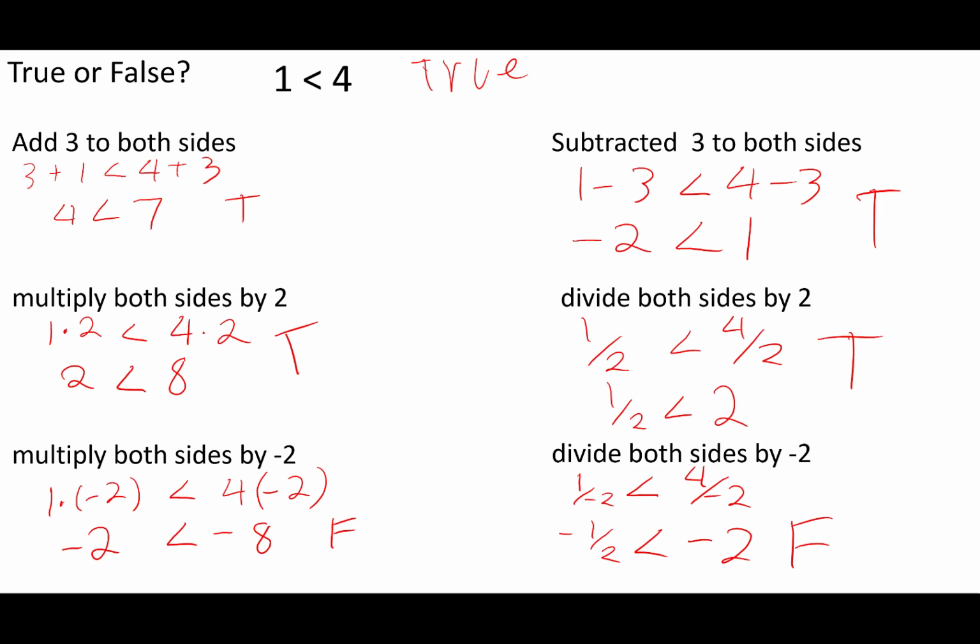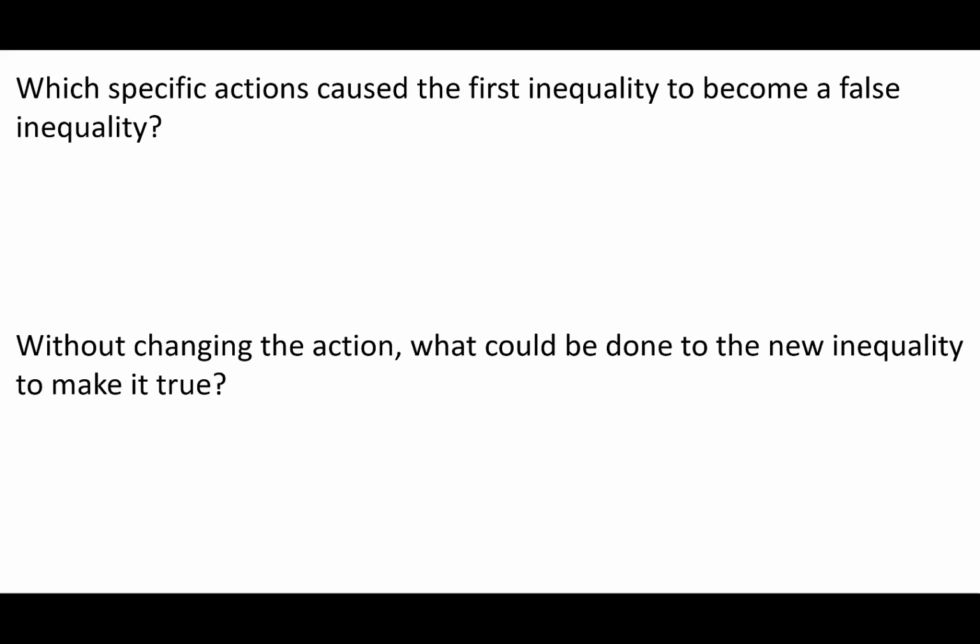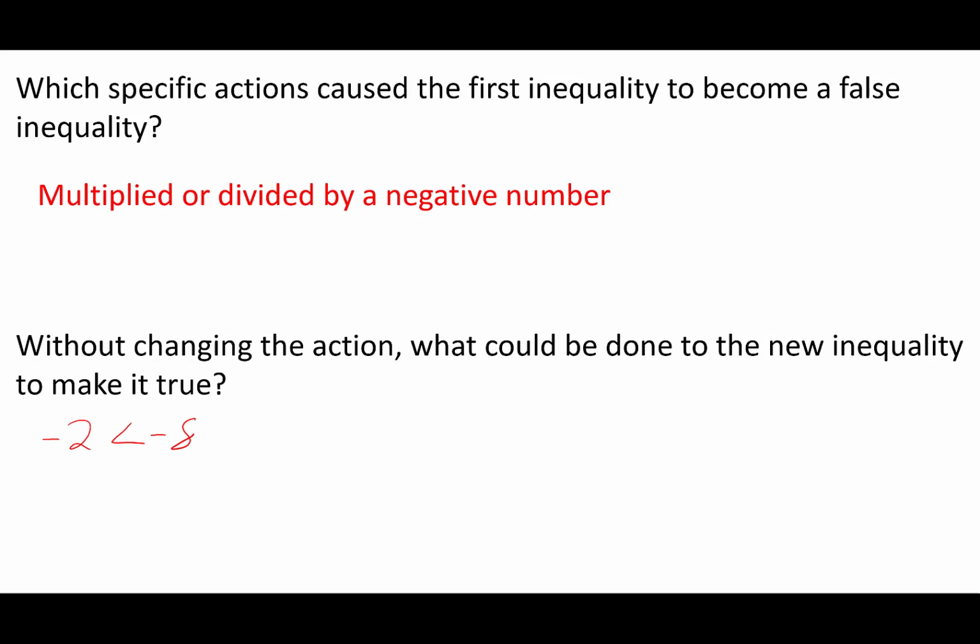So really quick, looking back there, what could I do to change these? Looking at the negative 2 less than a negative 8, how could I change that so that it would be a true inequality? Well, we know negative 2 is not less than negative 8, but negative 2 is greater than negative 8. And negative 1/2 is not less than negative 2, but negative 1/2 is greater than negative 2.